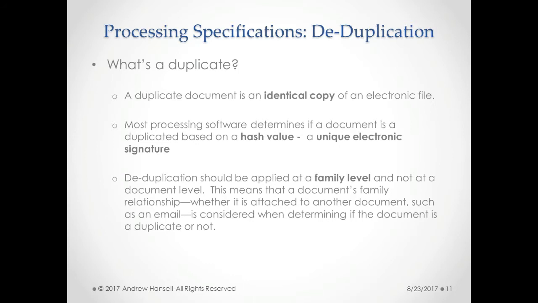An important thing to consider here that these software platforms do is that deduplication should be applied at a family level and not at a document level. What this means is that a document's family relationship, or whether or not a document is attached to another document, most commonly an email and an attachment, is considered when you determine if a document is a duplicate or not.